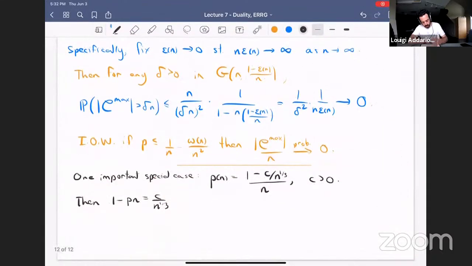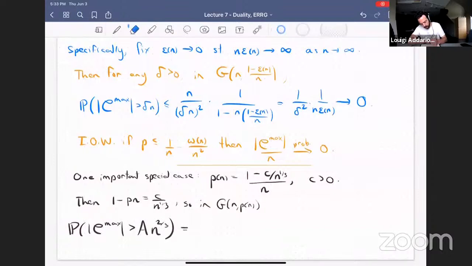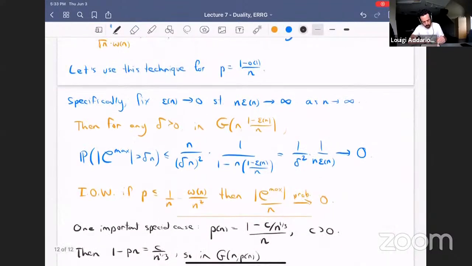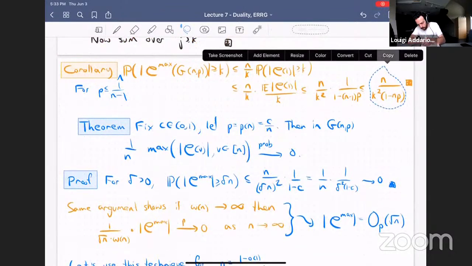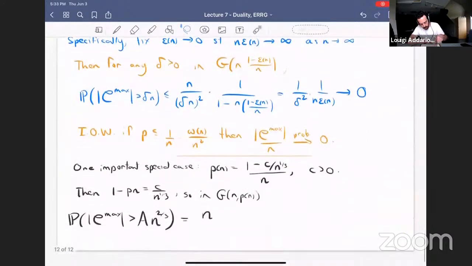And so in G(n,p), this tells us the probability that the largest component has size bigger than some constant a n to the 2/3. I'm using the constants that I know will work out, but it's not hard to figure out what they'll be just by staring at this. This is the upper bound we get: n over k squared times 1 minus np.